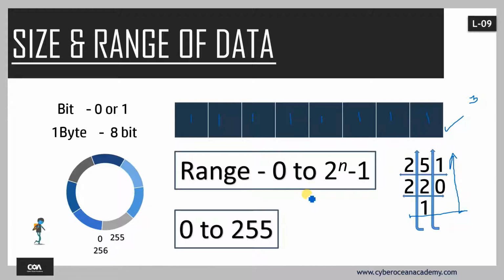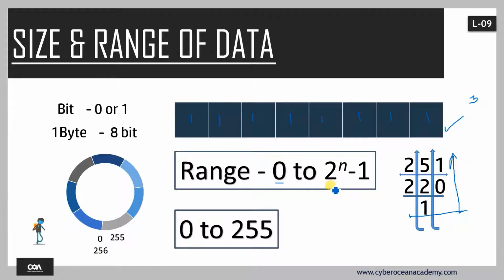We can calculate the range from this formula: from 0 to 2 to the power n minus 1. The minimum number you can store is 0, a non-negative number, where all the bits are 0.